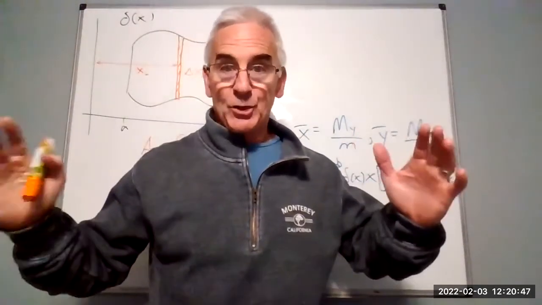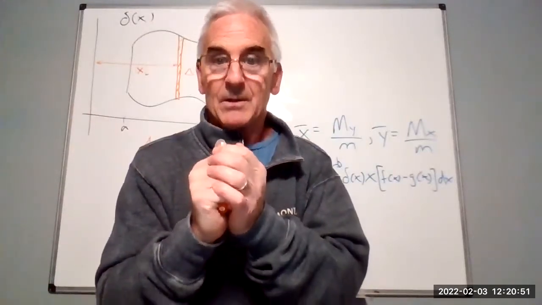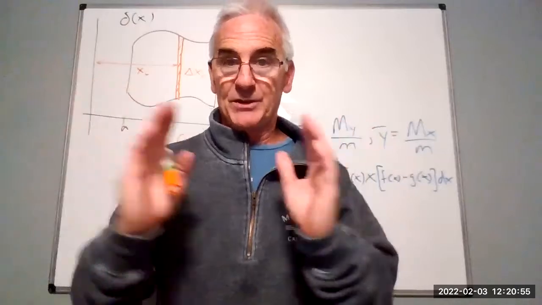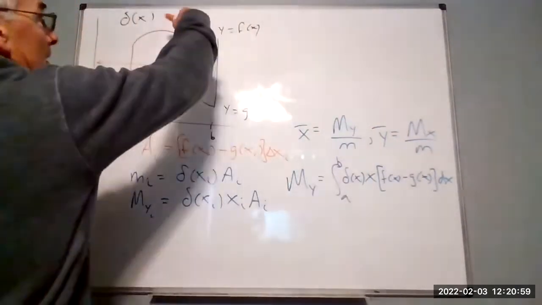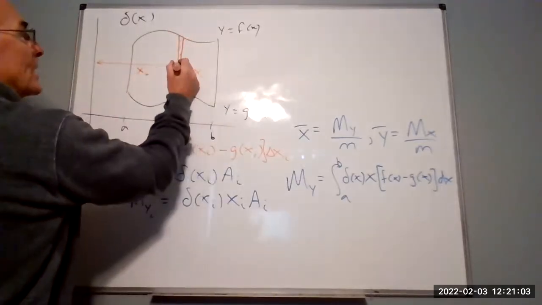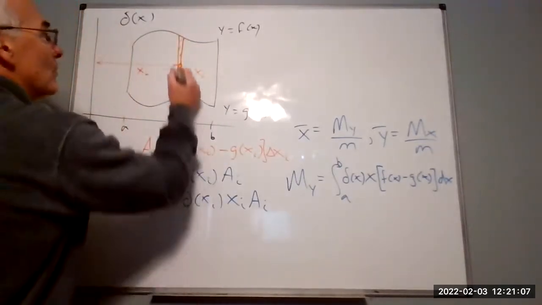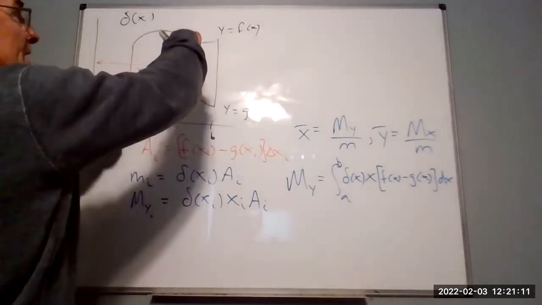imagine I'm going to take you where you are and shrink you down to 1 point, but you have the exact same mass. I'm going to shrink you down to 1 point, literally. Okay. If I shrink this down to 1 point that's located directly in the center, or one little piece, think about it this way, located directly in the center.